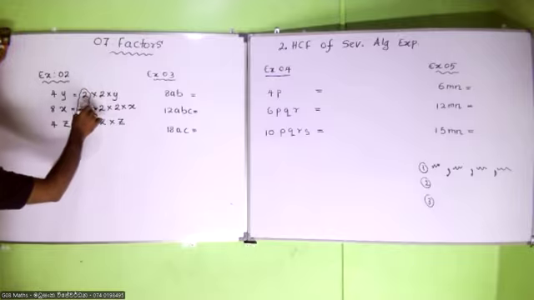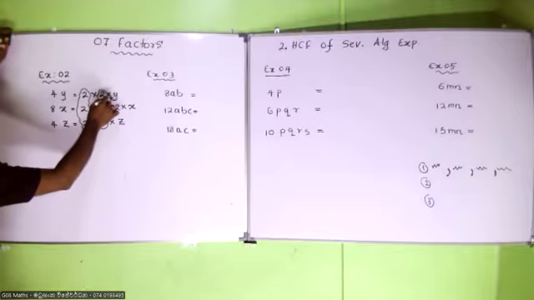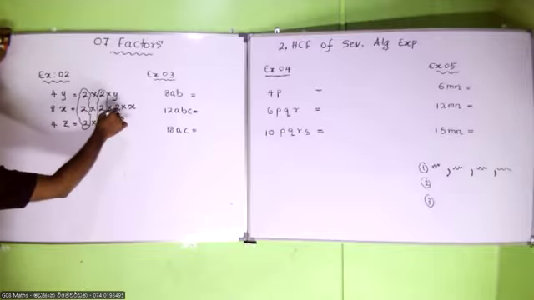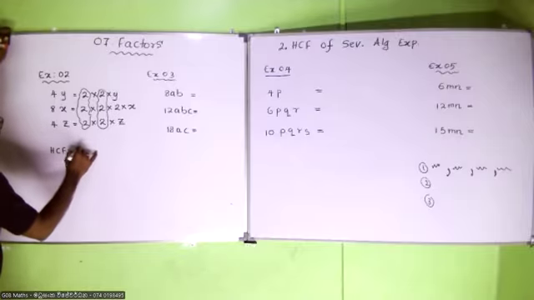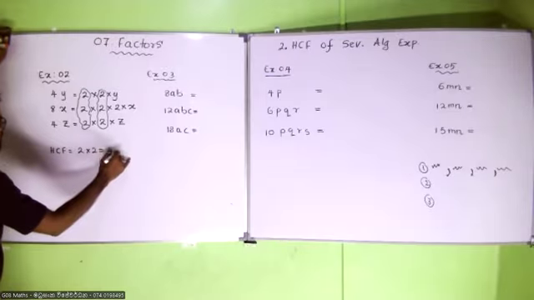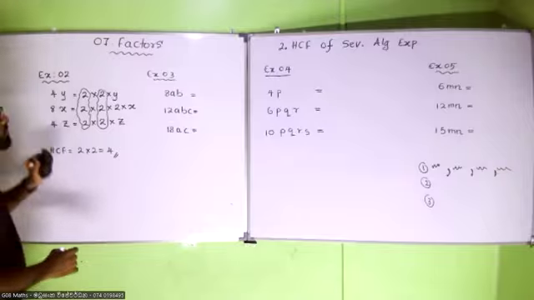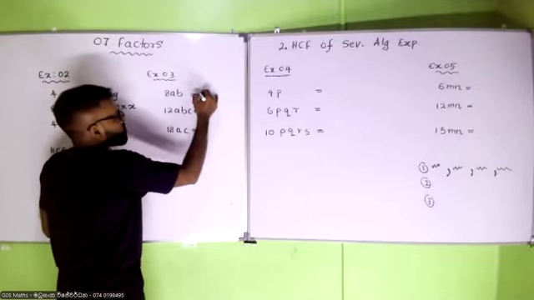And here also 2, 2, 2. And here we have y. No, y is not common. So HCF is 2 multiplied by 2. HCF is 4, for example number 2.